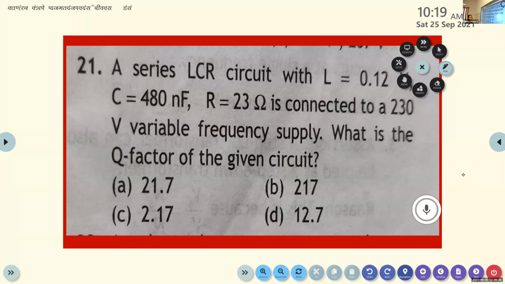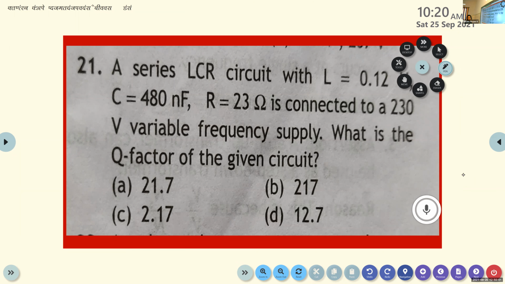What is the Q factor of the given circuit? Is it 21.7, 2.17, 217 or 12.7?